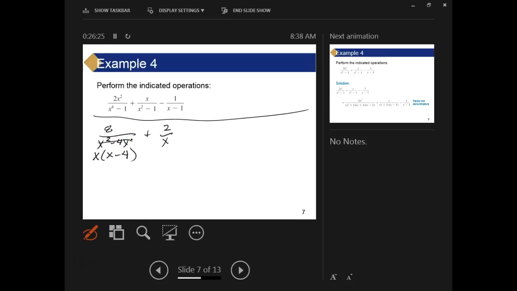Now we do what? Find the common denominator. Okay? Notice each of these denominators has an x, so you got to have an x there, but you only need one of them. But only one of them has an x minus 4, so this one what we're going to have to do? Multiply by x minus 4. Okay?